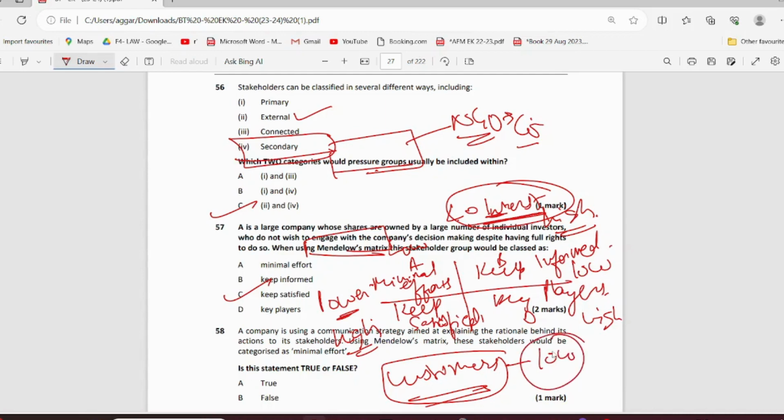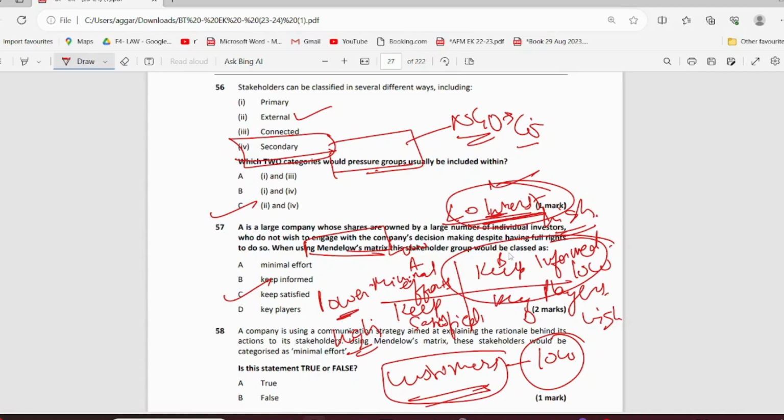How will they? I'm a customer, right? I don't have any power in Reliance company, so I have low power. But I may have a lot of interest because I buy a lot of products from you. I keep business relations with you. So that means I have high interest, so I have to be kept informed of whatever is happening.